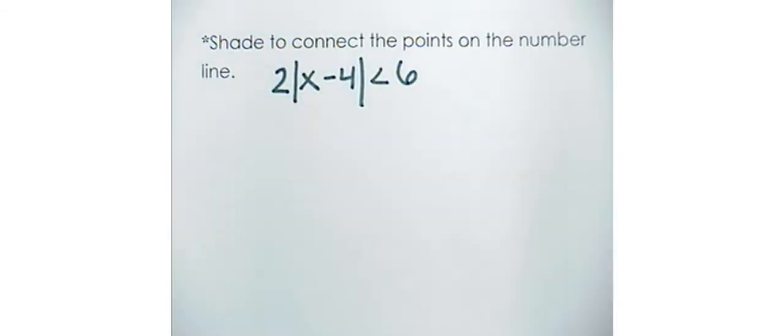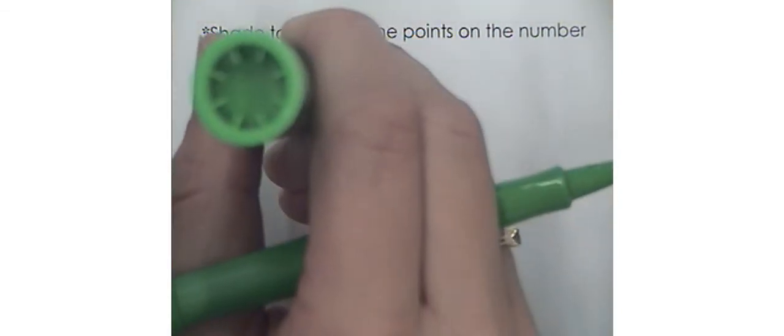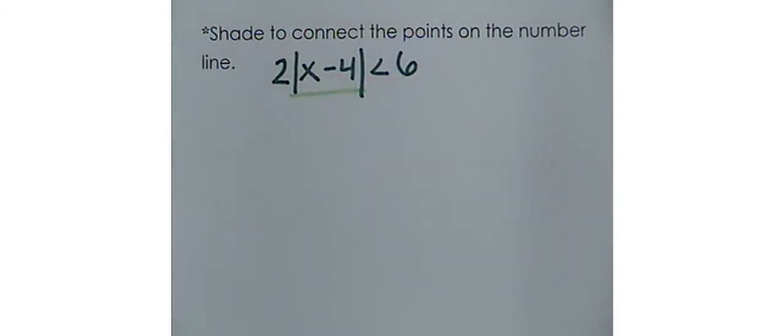So let's start with a 2, and then the absolute value of x minus 4 is less than 6. So we are trying to get the absolute value expression x minus 4 with the bars by itself.